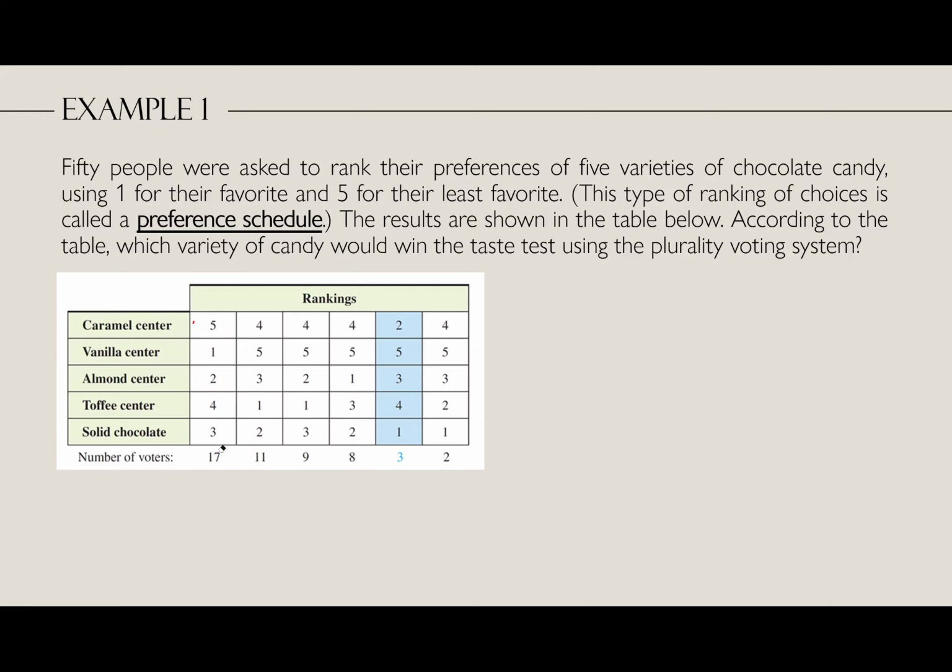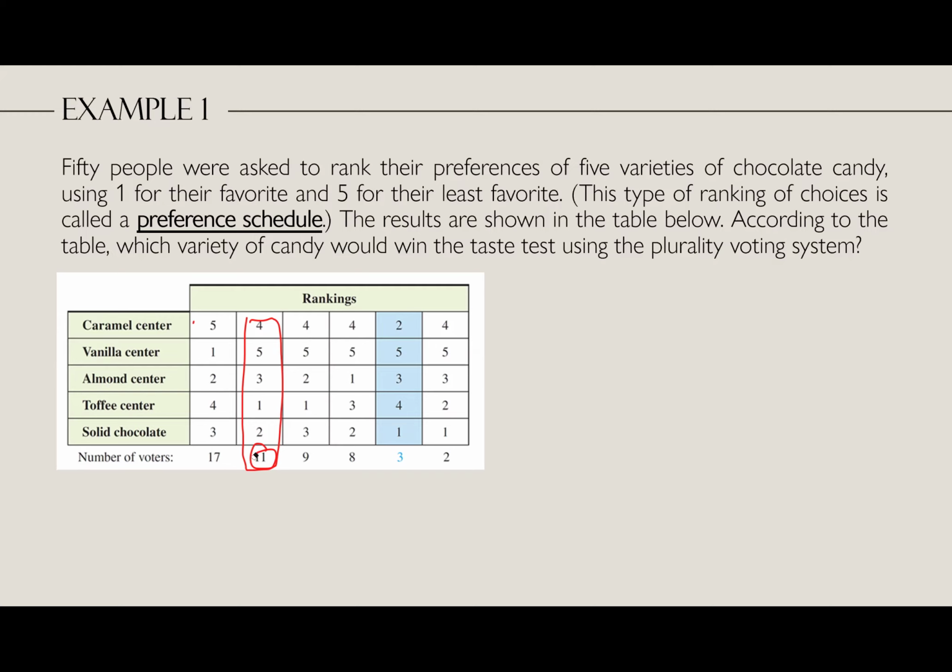If I look at the second column, this tells me 11 people put toffee as their first choice and then solid chocolate as their second choice. I want to emphasize here, this does not mean out of the 50 people, only 11 people put toffee as their top choice. It just means 11 people put their voting in this exact manner.